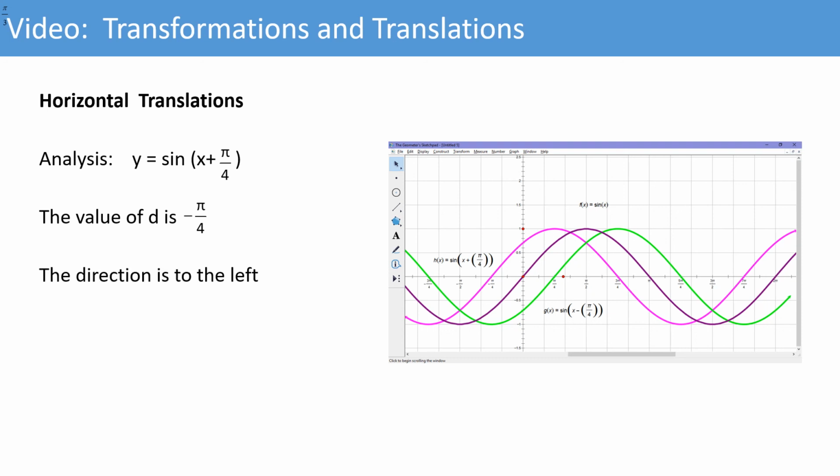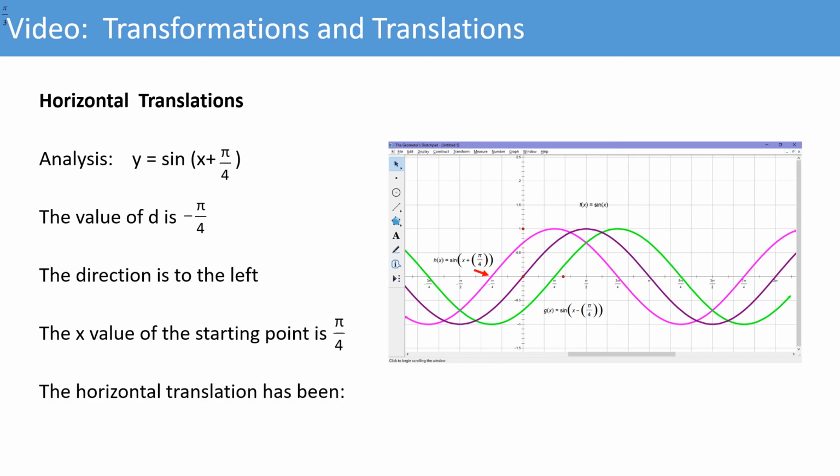The direction is to the left. The x value of the starting point is negative pi over 4. The horizontal translation has been to the left, pi over 4.